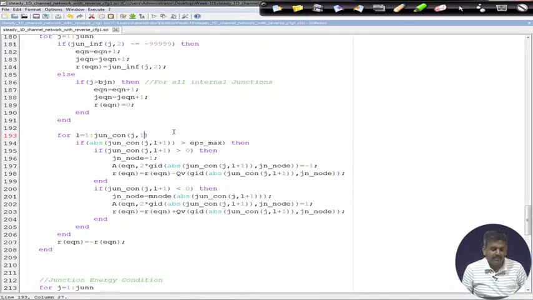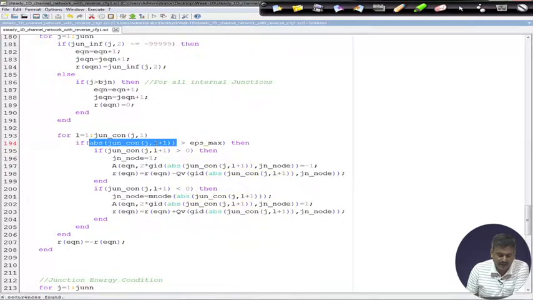In this case, we have to add these values if the absolute value of junction condition L plus 1, starting from the second column, we can extract the information about junction connectivity, and this is epsilon max.